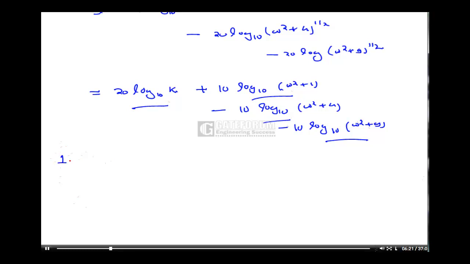Suppose the first one, for plotting system gain K. System gain K can be plotted as 20 log 10 K dB.